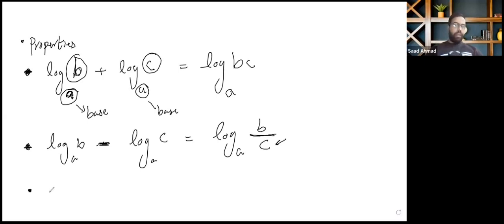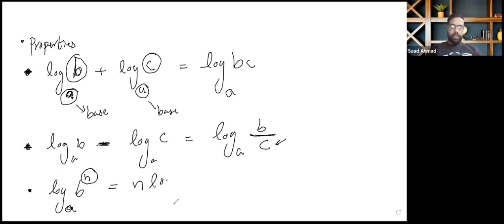Then we have another good property of logs, which says that if we have a log and it has some power in it, let's say the power n, this power n can be written at the start.